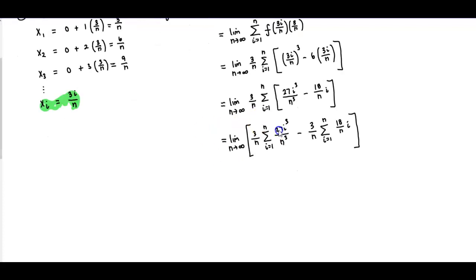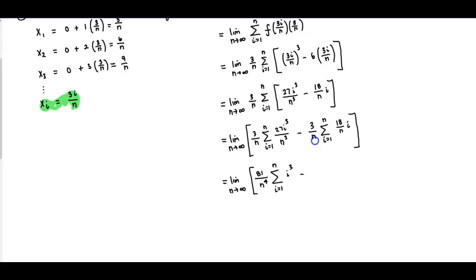Now we can factor out this 27 over n and multiply it by the 3 over n. The same thing over here, we can take our 18 over n and multiply it by the minus 3 over n. So now we get the limit as n approaches infinity of 3 times 27, which gives us 81, and n times n cubed is n to the 4th, times the summation of i equals 1 to n of i cubed.